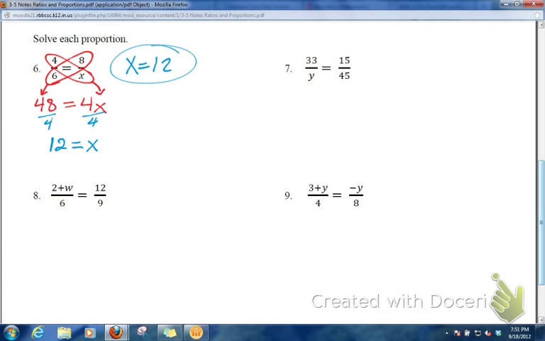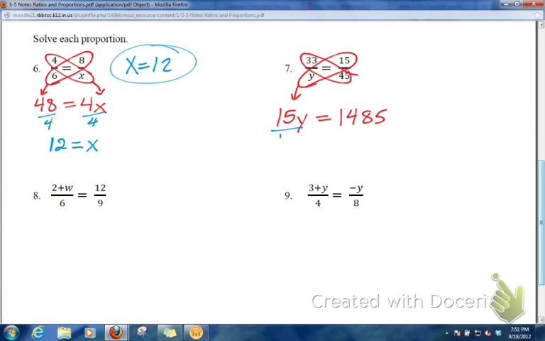Alright, so like I said, in number 7, this gets a little bit more difficult because I now cannot tell what I would do to 33 to turn it into a 15. Because I can't really tell that in my head, or I don't know what 33 divided by what makes 15, I do have to use my cross multiplication skills here. So cross multiply: y times 15 is 15y, and 33 times 45 is 1,485.